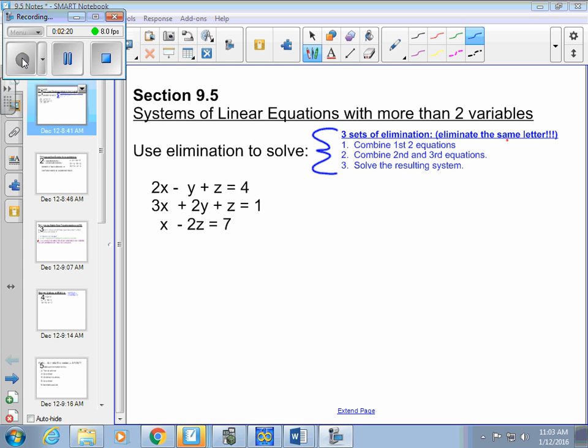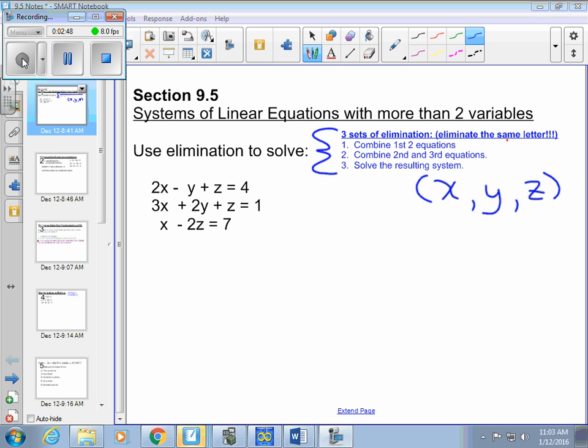Now you're down to just x and y. Solve that system, plug it back in to find the matching z. What we're looking for here is an ordered triple. Your x, y, z is the way your answer is going to go. Maybe you're in some problem that has A, B, C. Your ordered triple, just like your ordered pairs, will always be in alphabetical order. So you don't have to question how it's going to be formatted.